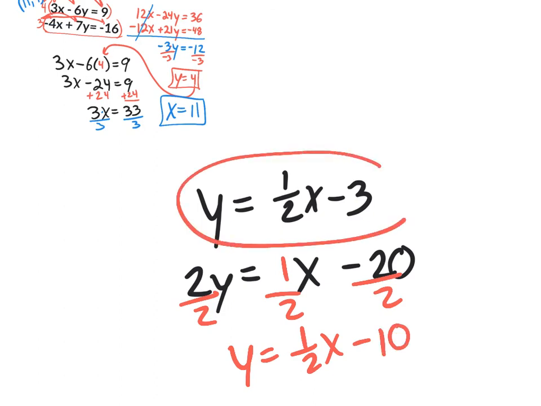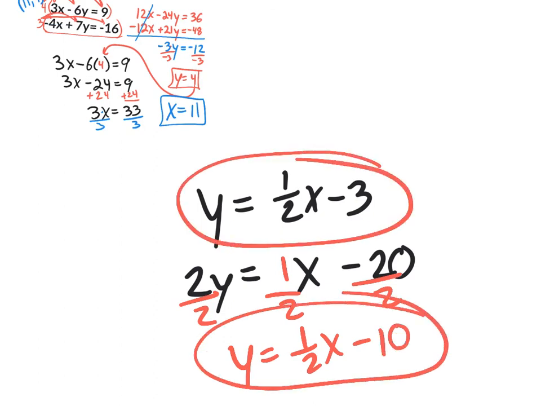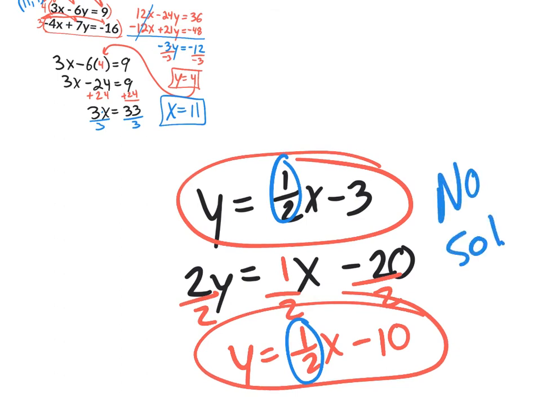So if you think about this graph and you think about this graph, they both have the same m value, which means that they'd be parallel if I graphed them, which means no solution to the system. Right? So if you already have it set up in y equals mx plus b form, then you might want to think about the graphs.